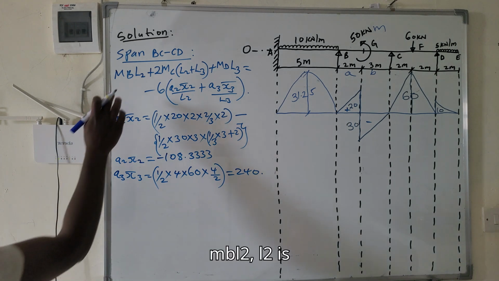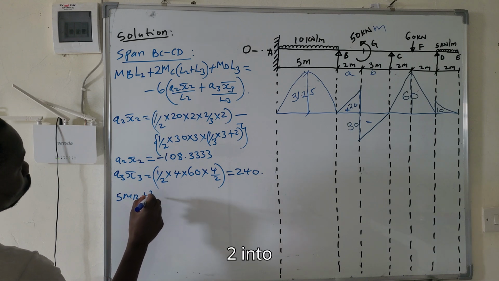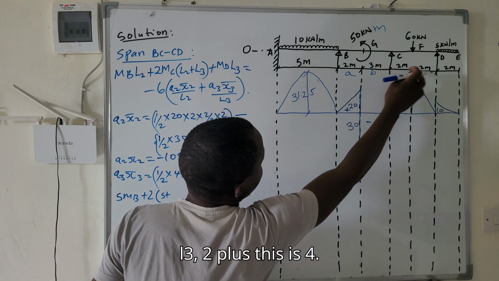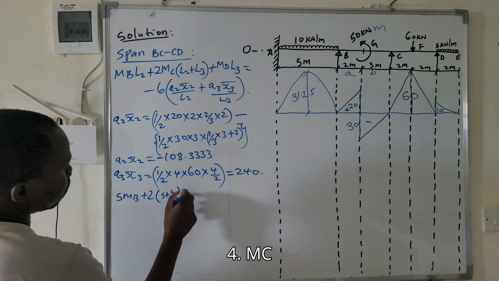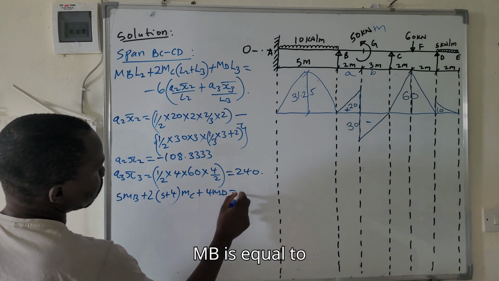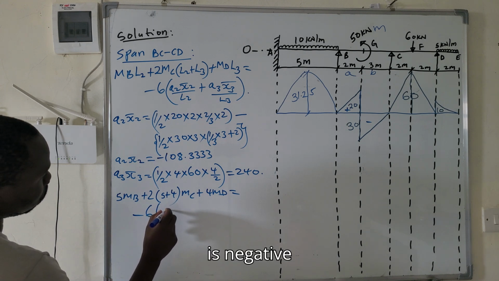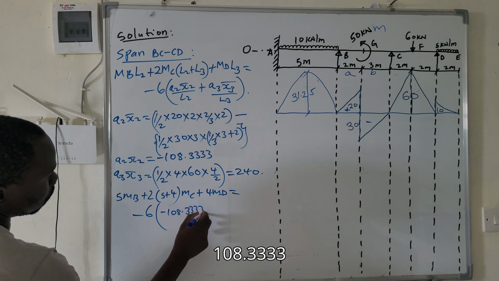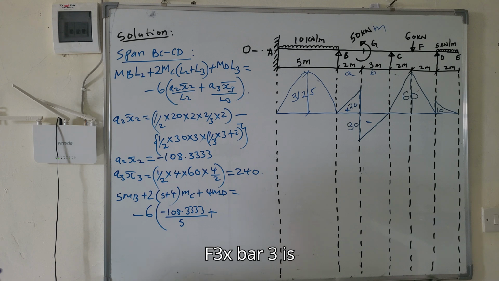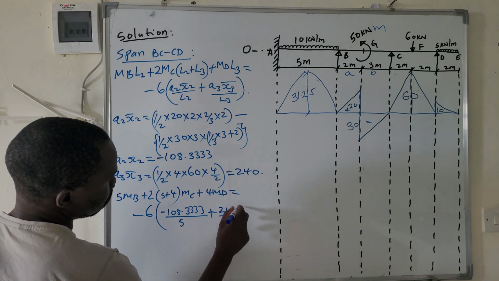So we will have MB times L2, and L2 is 5, so it's 5 MB, plus 2 into bracket 5 plus 4, that is L2 plus L3, 2 times 9 is 18, so 18 MC, plus L3 which is 4 MB, is equal to negative 6 into bracket 2 x bar 2, which is negative 108.3333 over L2 which is 5, plus L3 x bar 3 which is 240 over L3 which is 4, like that.